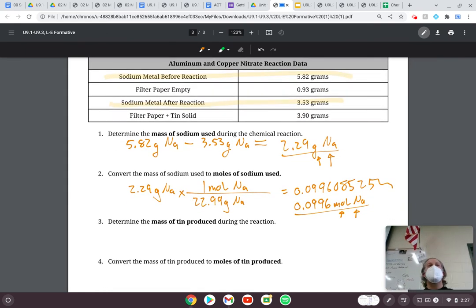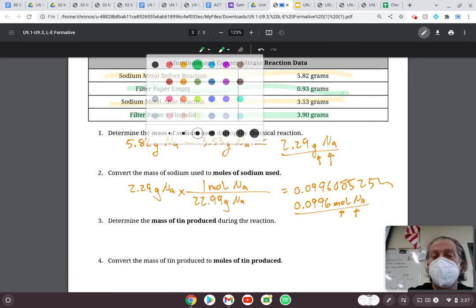So now we're going to try to figure out how much tin was actually made. We had this relationship here, this relationship here, and this relationship here. Those are our 2 numbers we're going to use for tin. So let's calculate how much tin was produced.